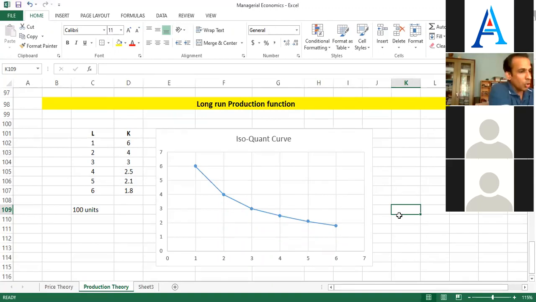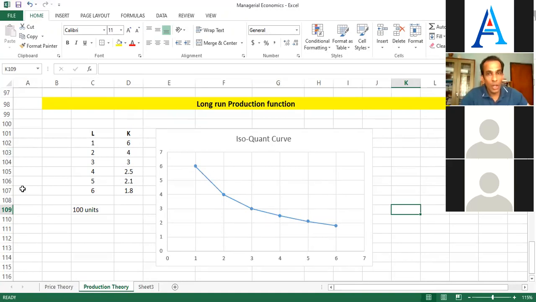The long run isoquant curve is given from page number 223, the multiple input case. You can see this type of isoquant curve on page 224.